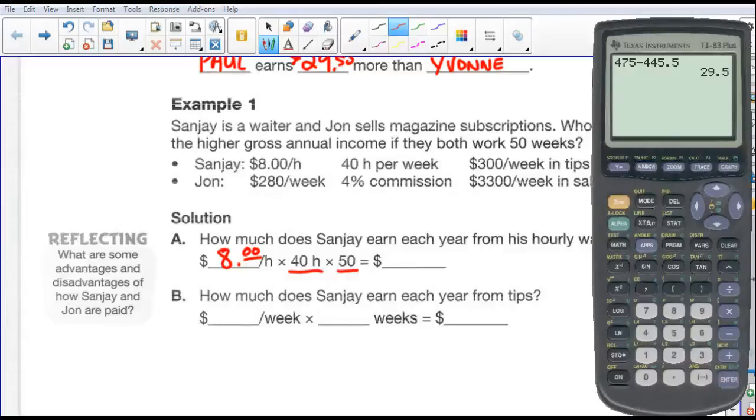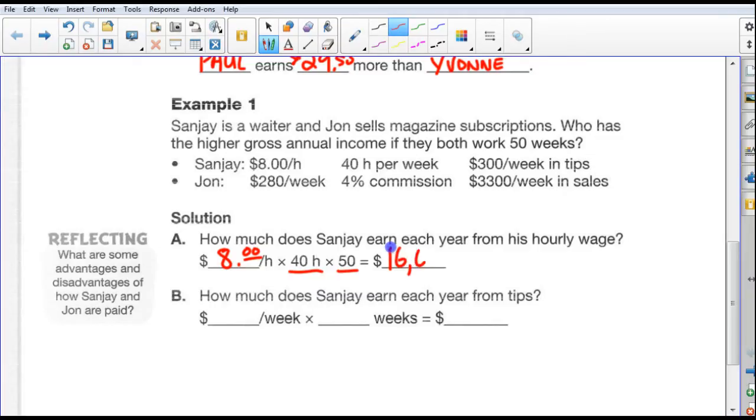So we take our calculator and we take 8 times 40 times 50, which means he's making $16,000 before tips. Now, how much does Sanjay earn each year from tips? Well, we can see he's making $300 per week in tips.